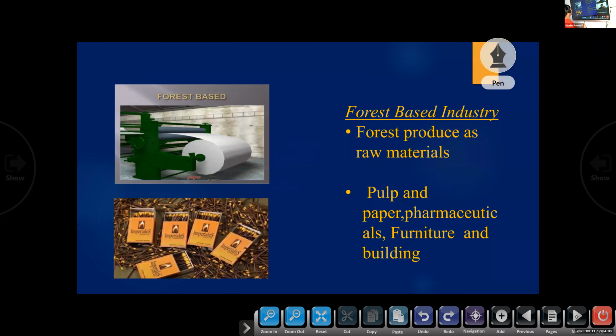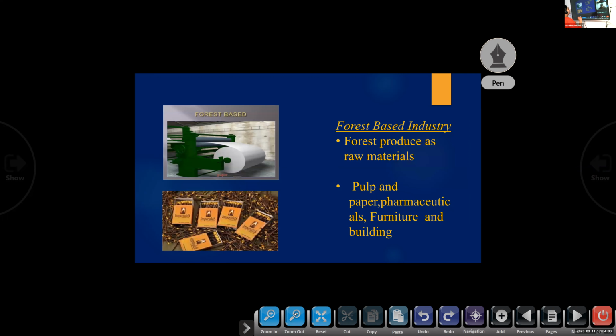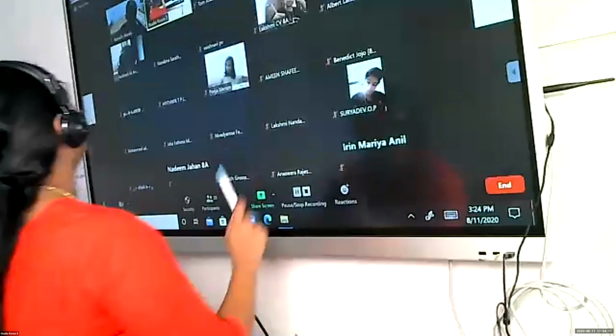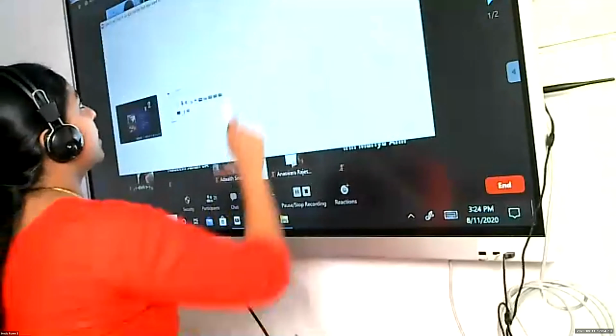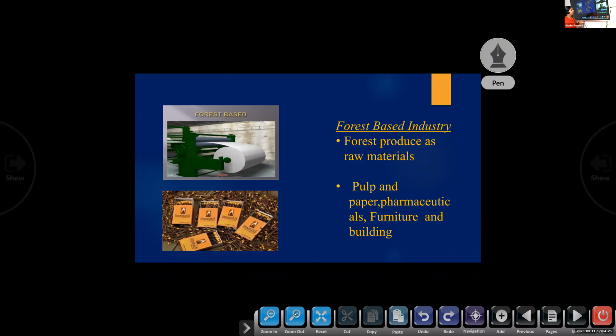Next classification, fourth one, forest-based industry. What will be the main raw material in forest-based industry? Forest produce as the main raw material, right?